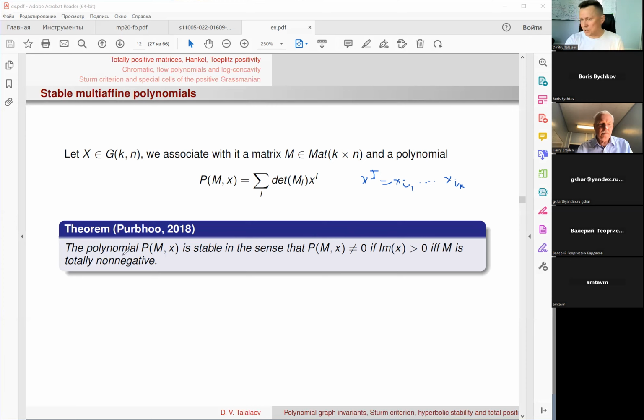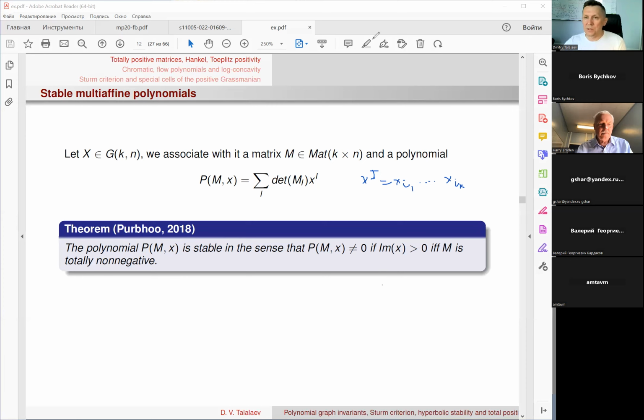So it is just multiplied by the complex unity to make relation with the previous definition. So in this definition, the polynomial is stable if and only if the matrix M is totally non-negative. The matrix M from which we constructed these Plücker coordinates.